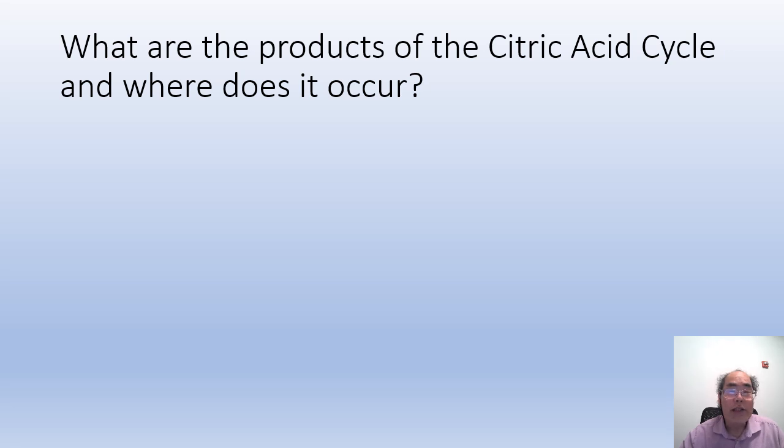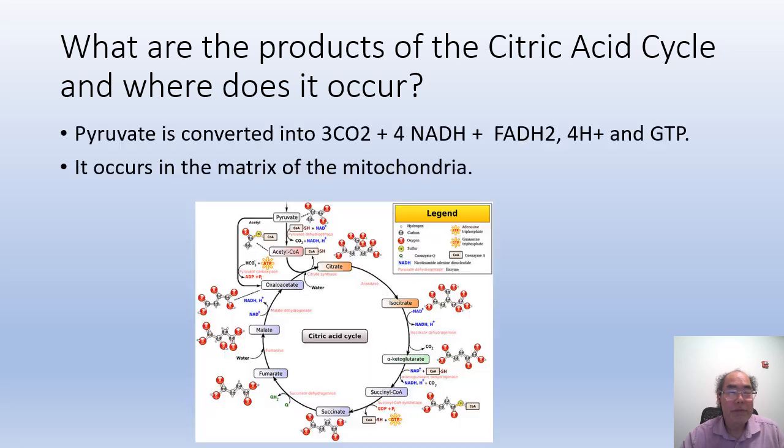What are the products of the citric acid cycle and where does it occur? Please answer. In the citric acid cycle, pyruvate is converted into 3 molecules of carbon dioxide, NADH, FADH2, some hydrogen ions, and GTP, and this occurs in the matrix of the mitochondria.